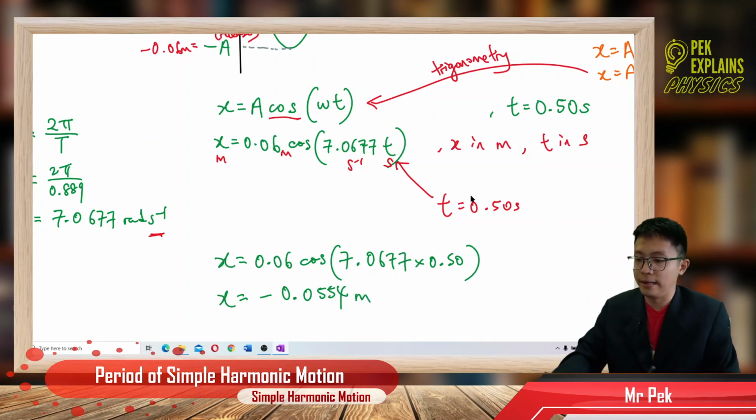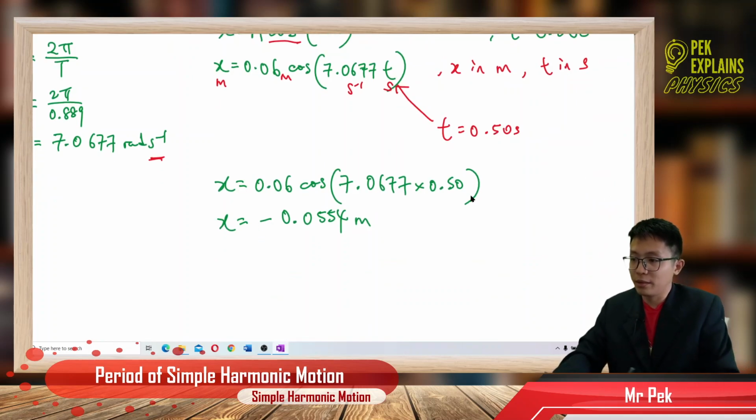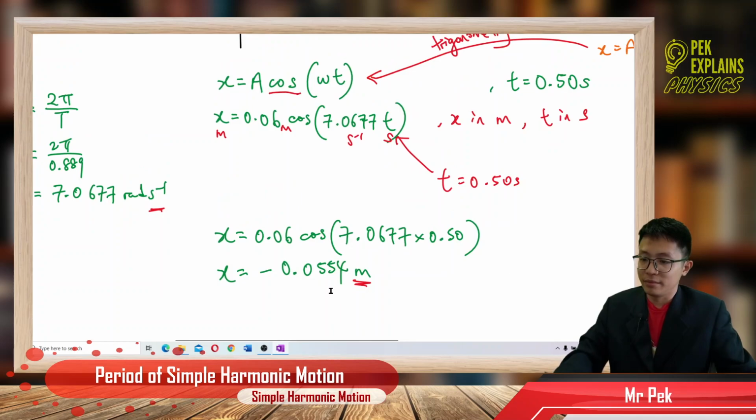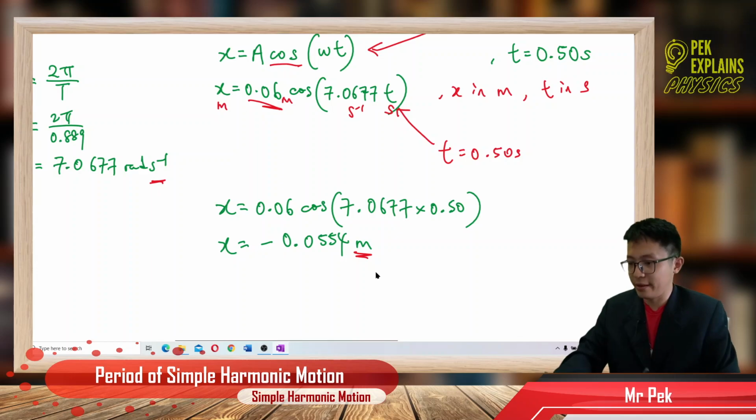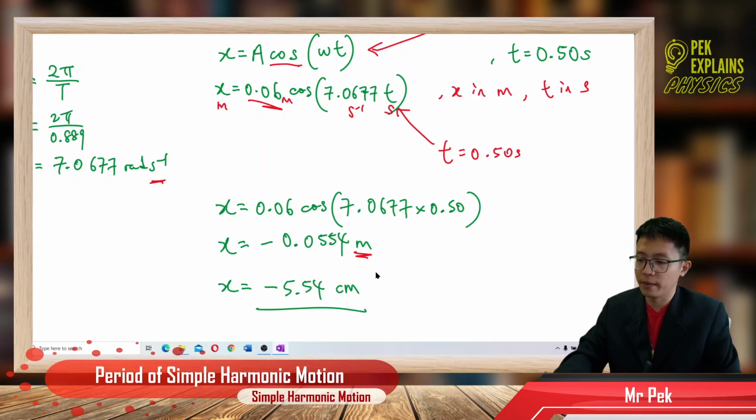Okay. So is meter, why? Because x is in meter, because our amplitude already in meter. So if you want to convert to cm, just multiply by 100. So it is 5.54 cm.